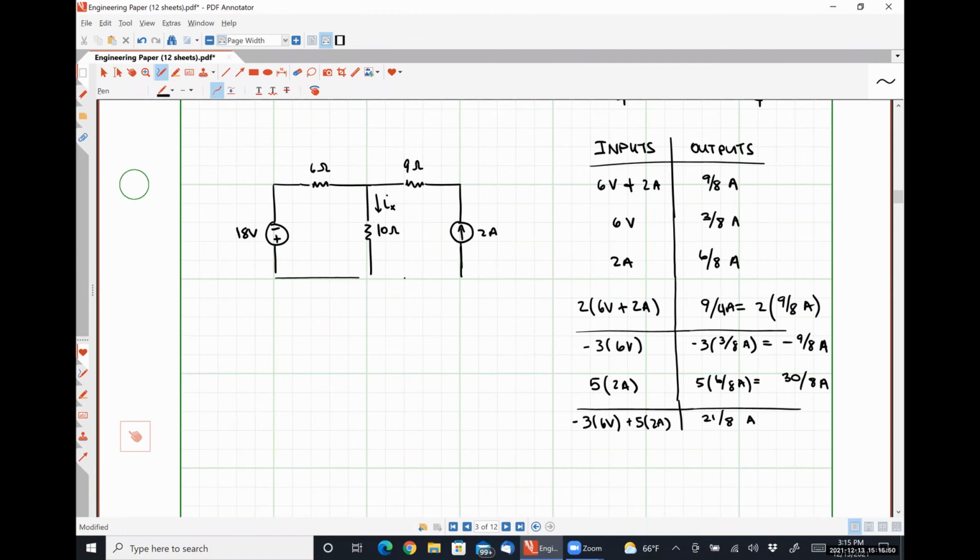This is a 9 ohm resistor and a 2 amp source. Excuse me, this shouldn't be a 2 amp source, it should be a 10 amp source because I've scaled it by a factor of 5.